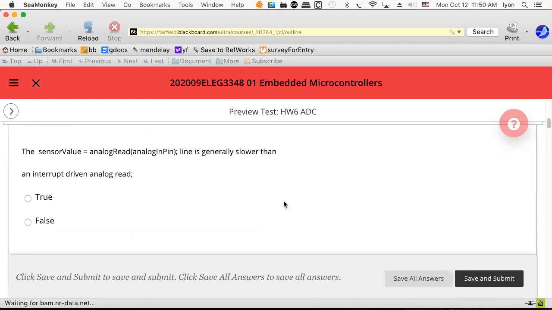Is analog read generally slower than an interrupt-driven analog read? I think the same speed. Yeah, they can run at the same speed. You set up the analog read in free running mode, and you don't have to rely upon this as being somewhat faster.